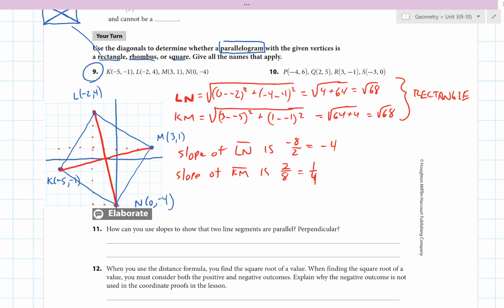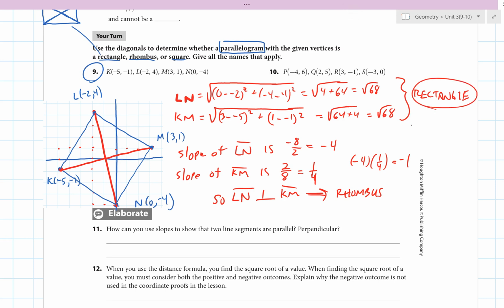And we can now tell that those are perpendicular slopes because they are opposite reciprocals of each other. Or remember, if we multiply the two slopes and get negative 1, which we do, that tells us that they are perpendicular. So LN is perpendicular to KM, which tells us that it is a rhombus, because rhombuses have perpendicular diagonals.